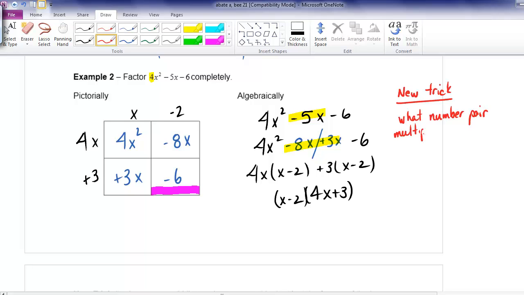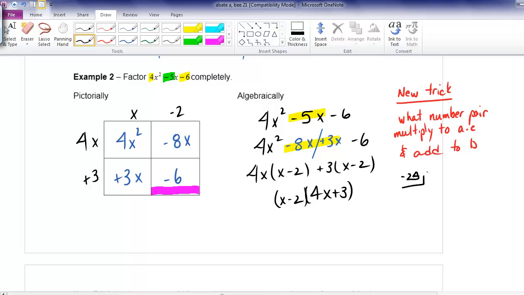multiply to A times C and add to B? So let me highlight that on the original question. Remember ax squared plus bx plus c? Here is our A and C, and here is our B. So in this example, when we do our little wrinkle of how do I decompose the middle, what I want to do is, in this example, 4 times -6 is -24.